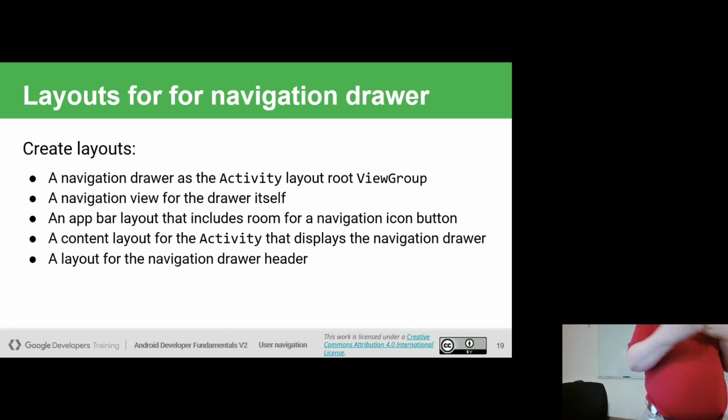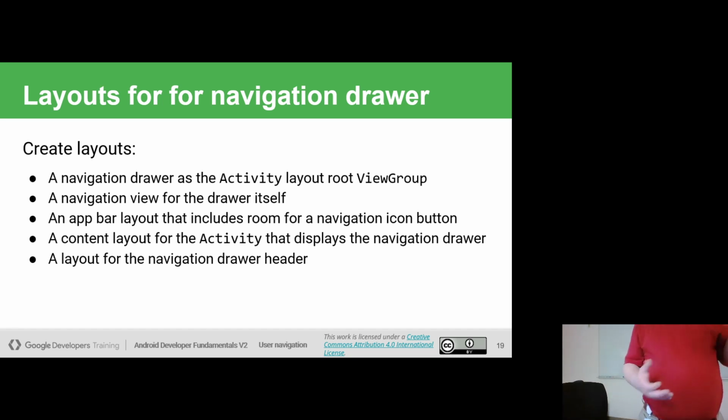That navigation view is actually the contents of the drawer. So the drawer layout is the part that deals with swiping it in and swiping it out. But the navigation view is what actually shows up inside of that container. Does that make sense? So there's two parts to it.